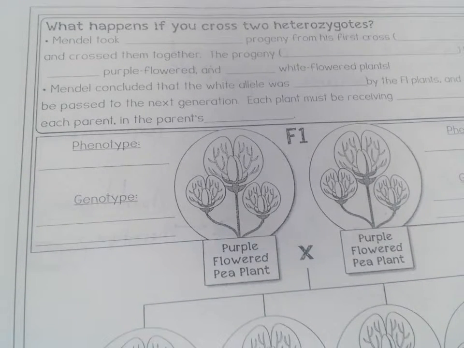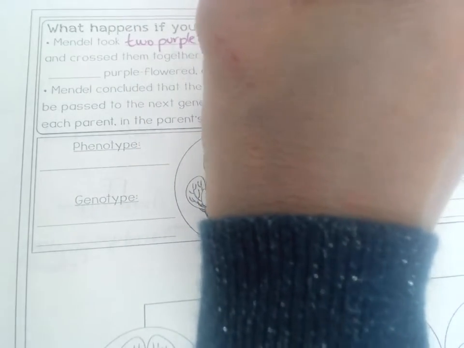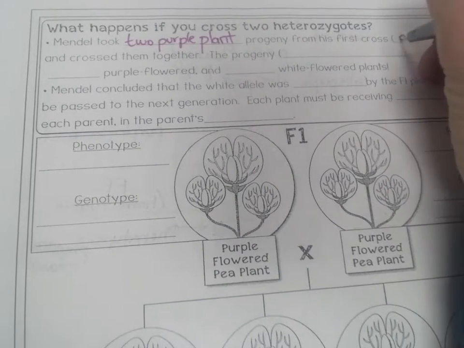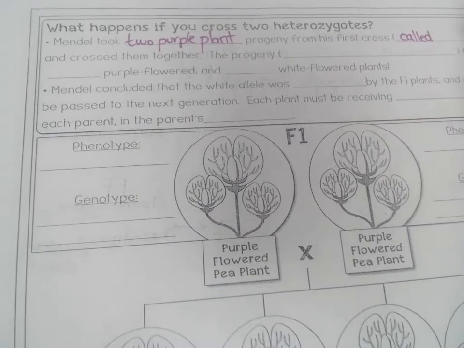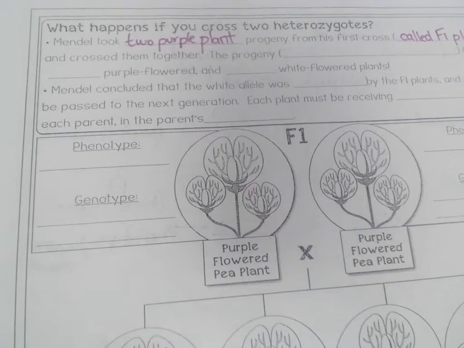Remember, progeny means offspring. Mendel took two purple plant progeny from his first cross, and we called these the F1 plants. This is the F1 generation.